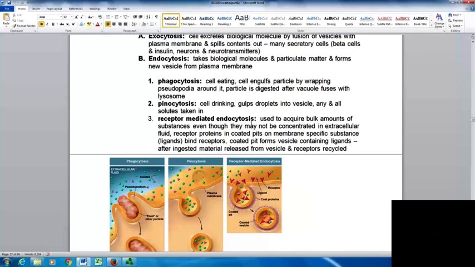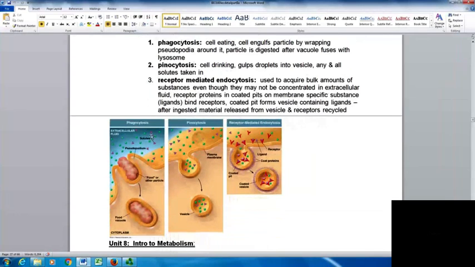So with endocytosis, we have 3 variations of it. Phagocytosis, the term means cell eating. The cell is going to engulf a particle by wrapping pseudopodia around it. So here is your particle, and you can see the pseudopodium here that's wrapping around to engulf the cell.